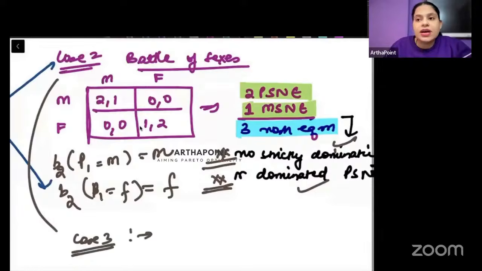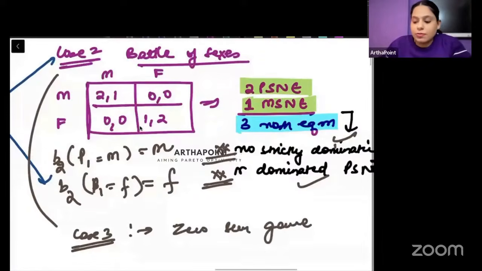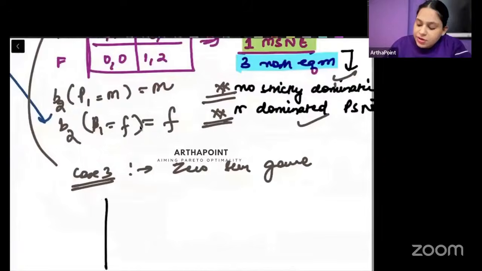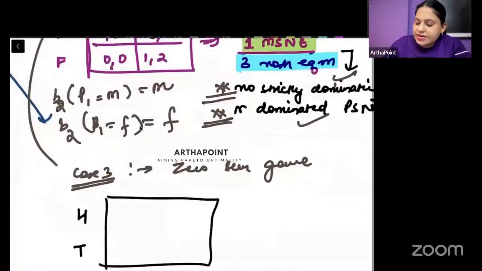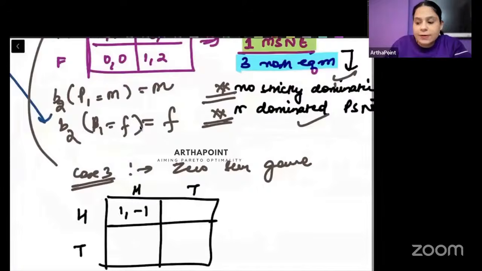The example of matching pennies, or zero sum game. These are the only 3 examples you have to remember. So in the zero sum game, what happened? Suppose I say head, tail. When it was head, the first player was giving to the second. When it was tail, the second was giving to the first.